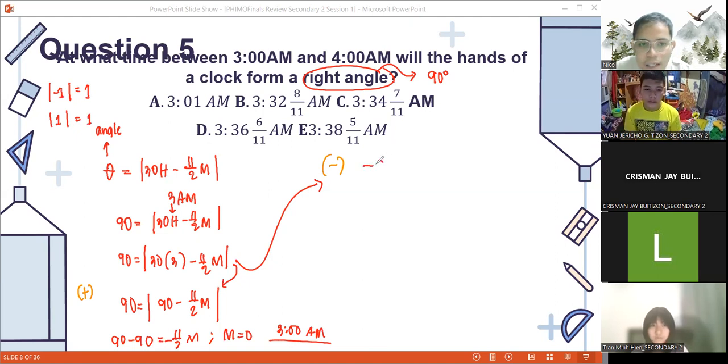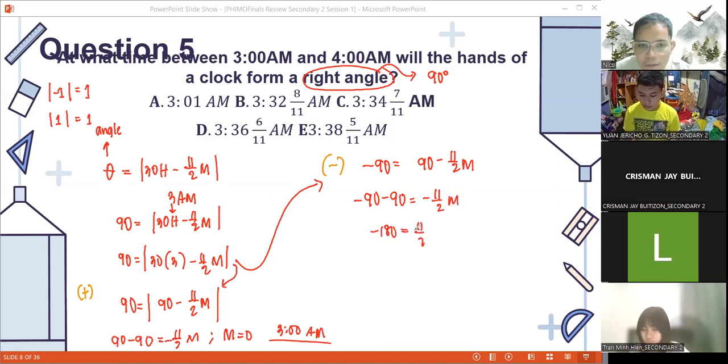So we can have this one as negative 90, negative 90 minus 90 equals 11 over 2m. This is negative 180 equals 11 over 2m. Take note that you can cancel the negative here. So the final answer in minutes is 180 times 2 over 11, which is 32 and 8/11.